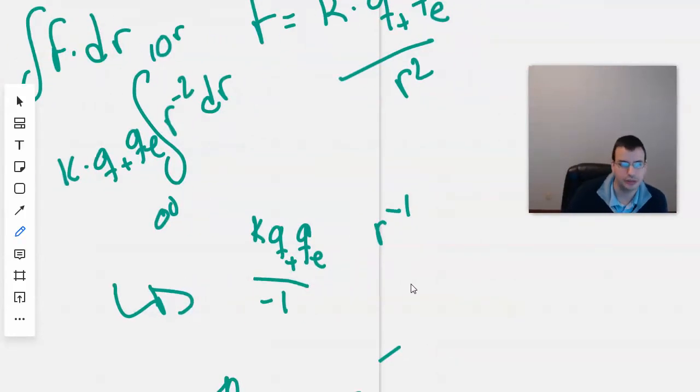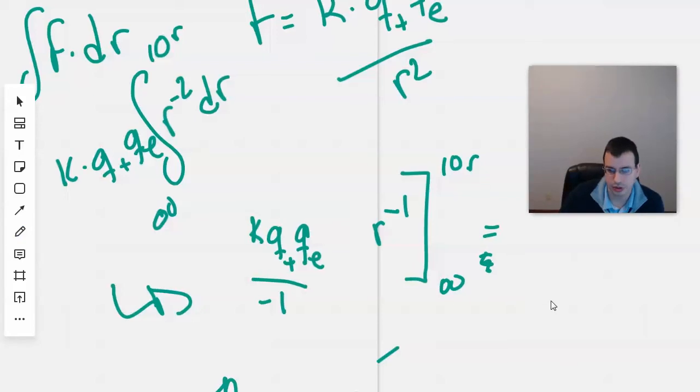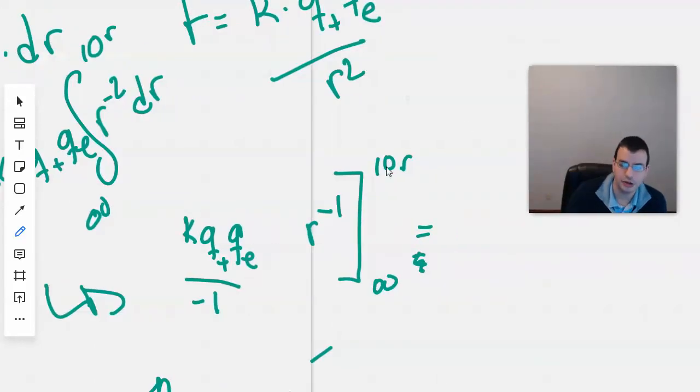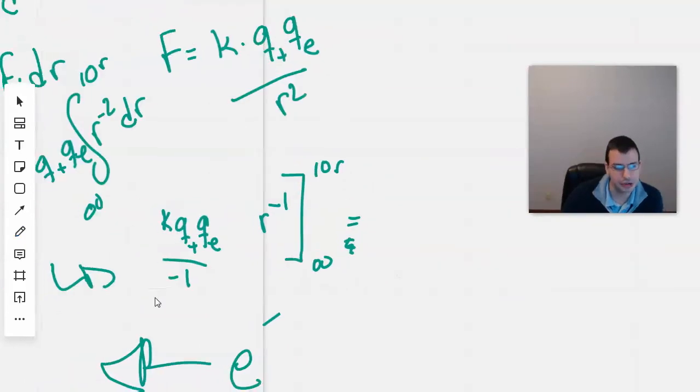Oh well, we'll figure this out. So then we'd have 10r to infinity, which equals... I did have a sign wrong, not sure why.